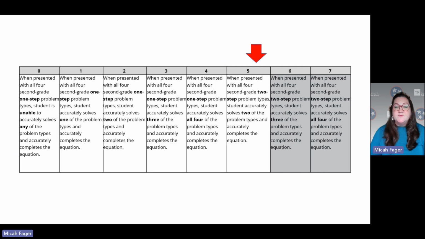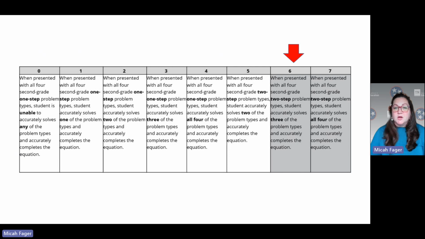If the student is accurately able to solve 2 of the two-step problem types, then the student work receives a level 5. If the student is successful at level 5, then the teacher does not need to upload evidence of the student being successful at levels 0 through 4.